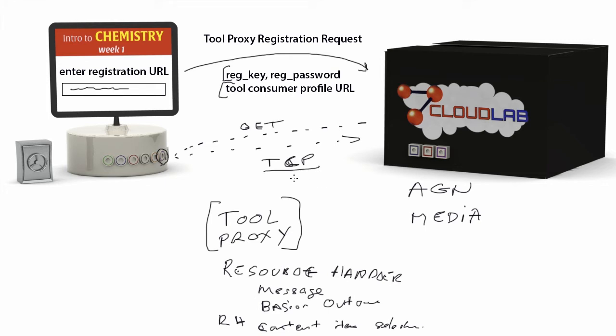And so you build a proxy, and now part of the tool consumer profile, in the service section, you have a tool proxy registration service. This is the endpoint that the tool provider is going to post the tool proxy to. So it's now going to post this tool proxy, which is a JSON document, to the tool proxy registration service.